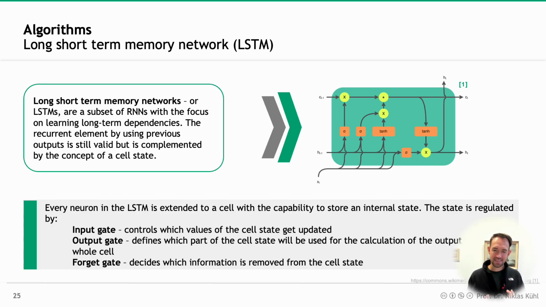And again, they're designed a little bit differently because they also have information about a state for each cell. This state is regulated by input gates, output gates, and forget gates. Especially this forget gate is very important because what LSTMs work really well with is that models working with time series typically get stuck in, let me just show you.